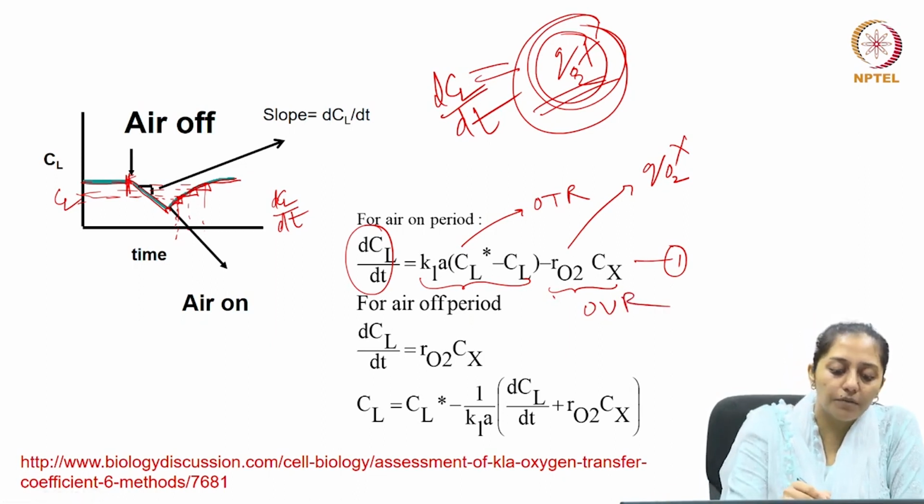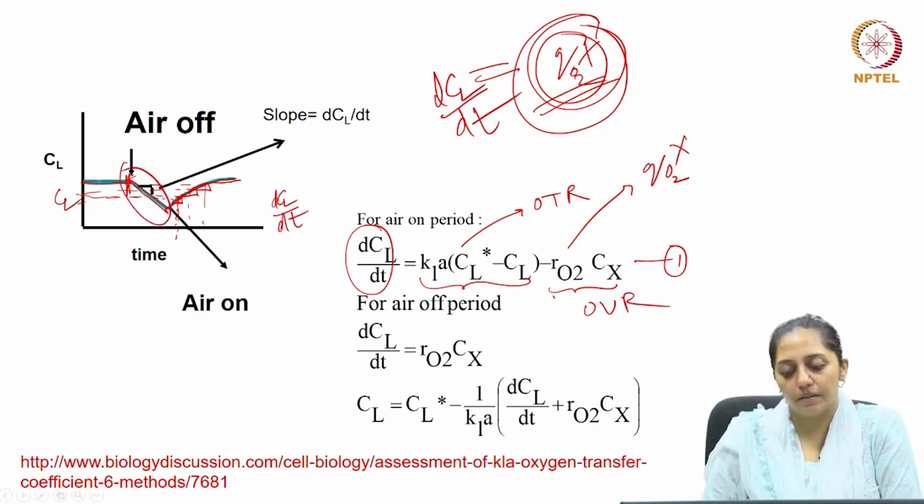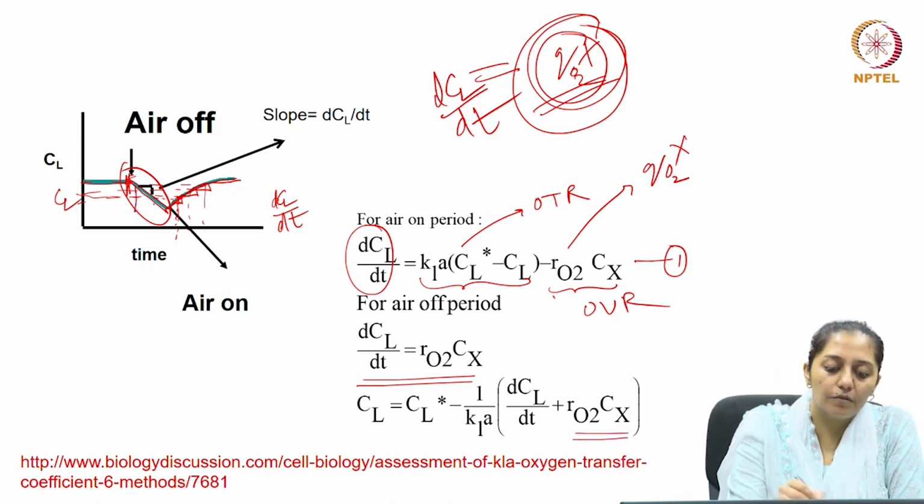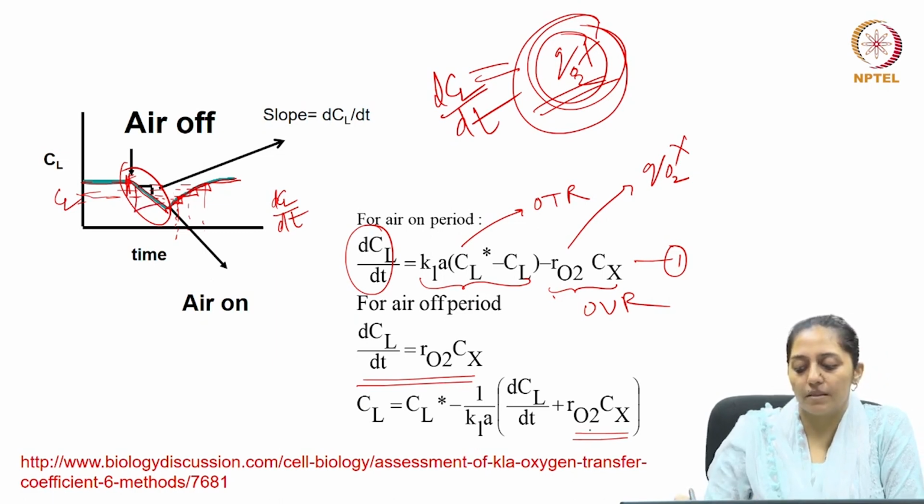Now, the first half of the experiment, which I am encircling here, the slope there will give us the oxygen demand of the culture, which is your oxygen uptake rate. Now, oxygen uptake rate from the slope can be determined. So, then this value is known, a constant.